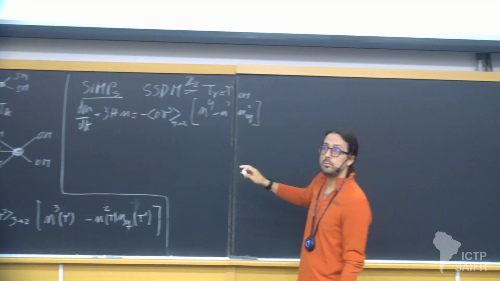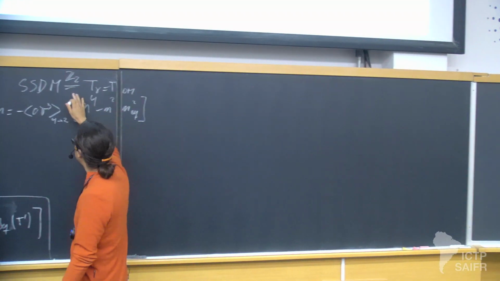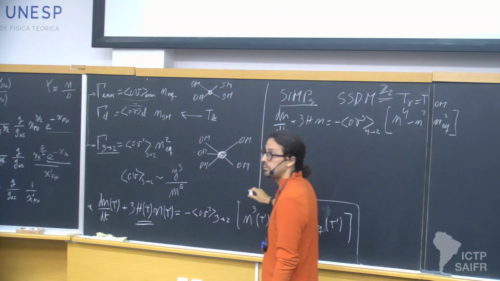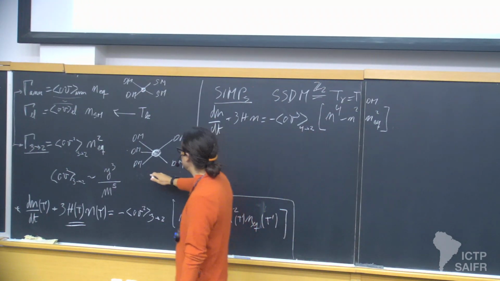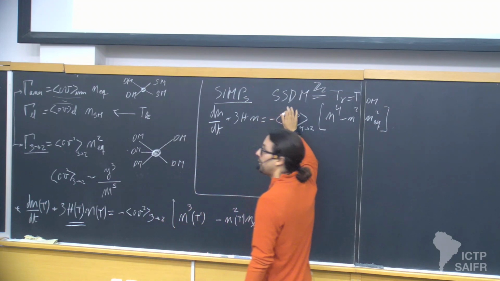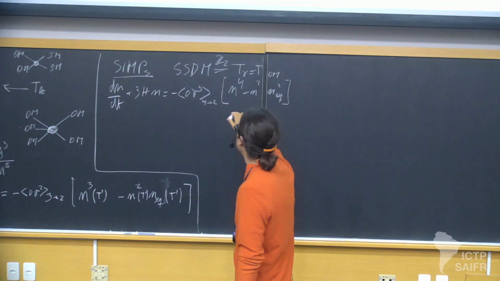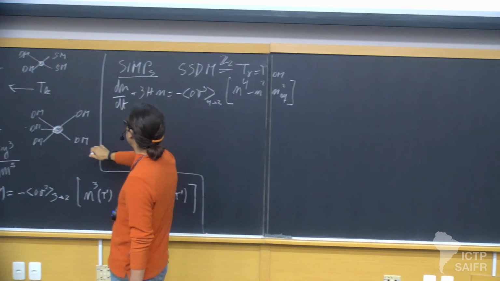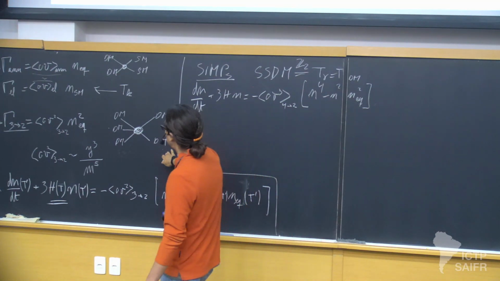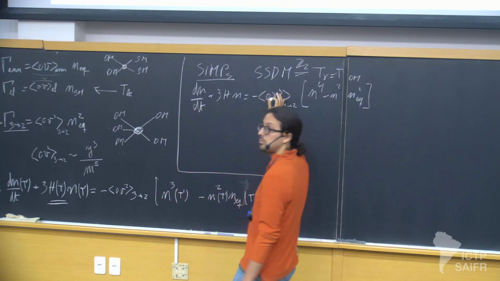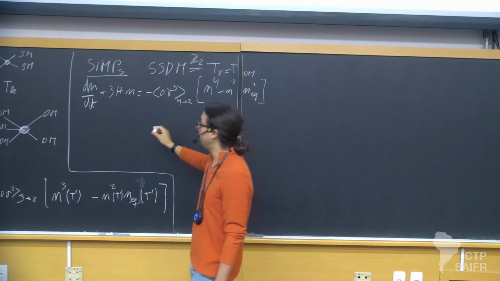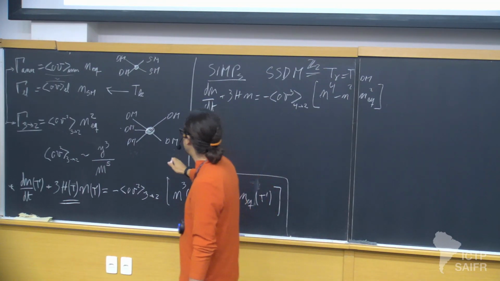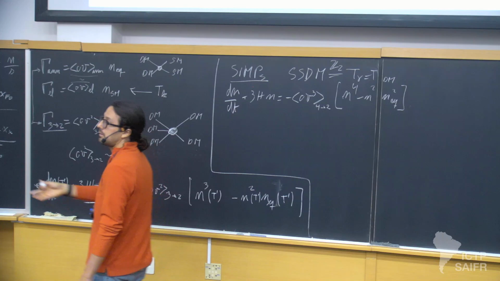Z2 forbids this kind of interaction with an odd number of particles. So that's why, in this case, it's simpler. However, I just want to recycle the example we're using. In this case, where you have a Z2, you cannot have 3-to-2 annihilations. You can have 3-to-2, for instance, if you use a Z3 symmetry, or if you use non-abelian dark matter, like gluons, for instance.